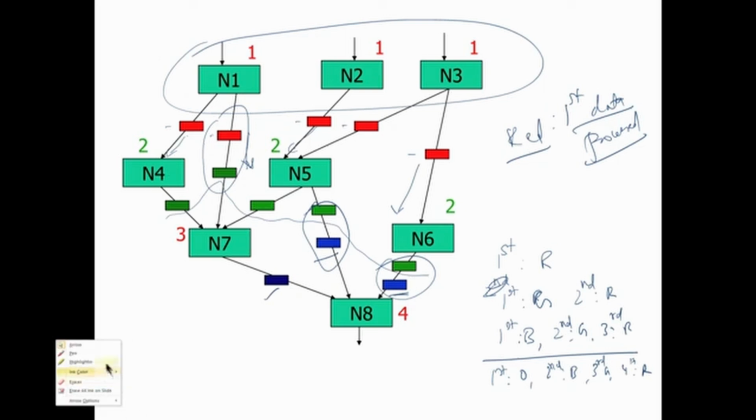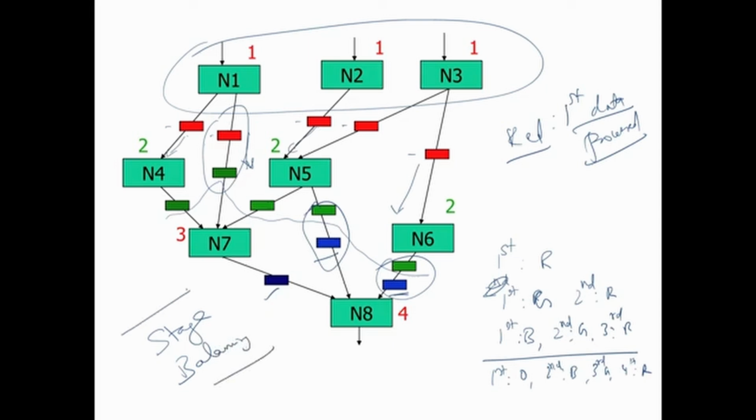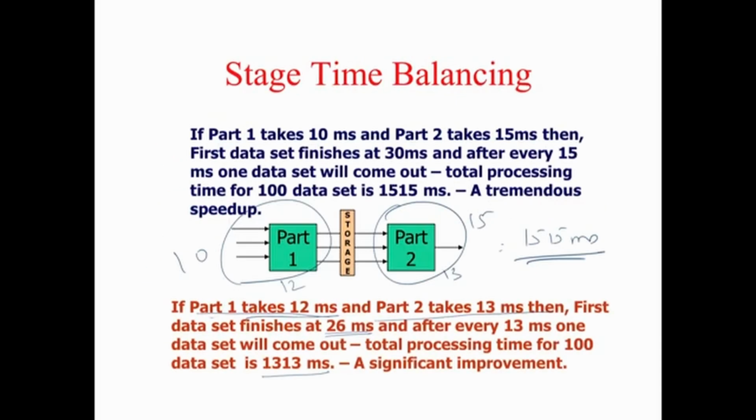We call this stage balancing. I need to balance the stages so that I get good speedup, and by not balancing the stages we landed up with 1515 milliseconds. Now with balancing the stages we can get down to 1313 milliseconds.